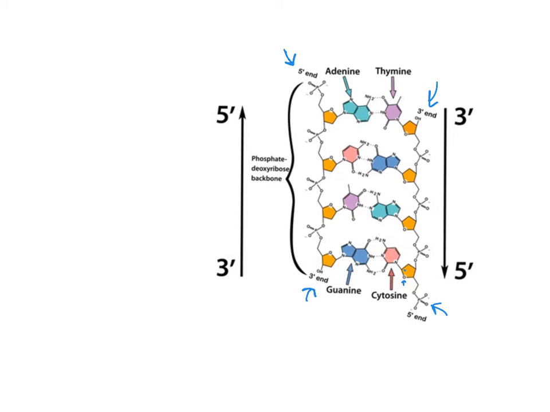This would be the first carbon. This is the second here. Here's your third, your fourth, and there's your 5th carbon, 5'. On that 5' end, there's a phosphate. This is your 5' end phosphate. Here's your 0 here. That's your 1, 2, 3, 4, 5'.